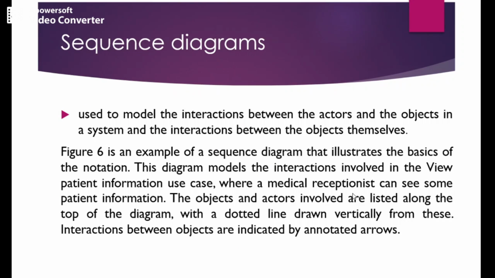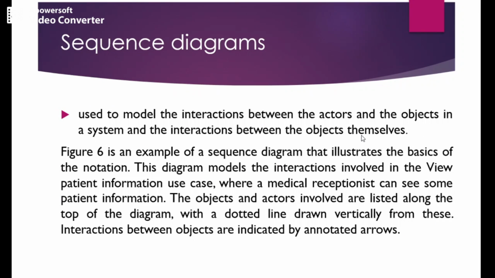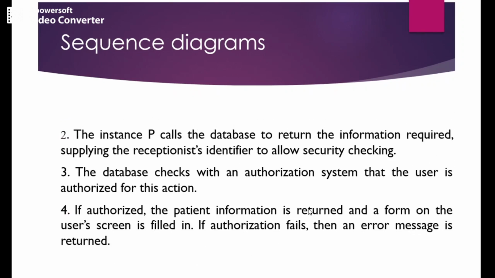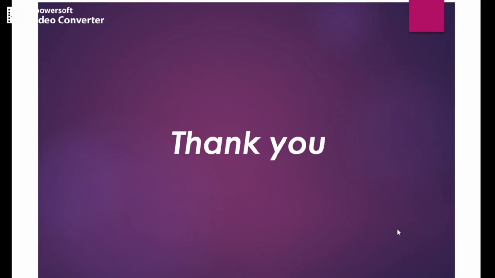You can see that the objects and actors involved are listed along the top of the diagram. On top of the diagram we are representing the actors and objects. Three objects are there. A dotted line is drawn vertically from the actor and from all these objects.